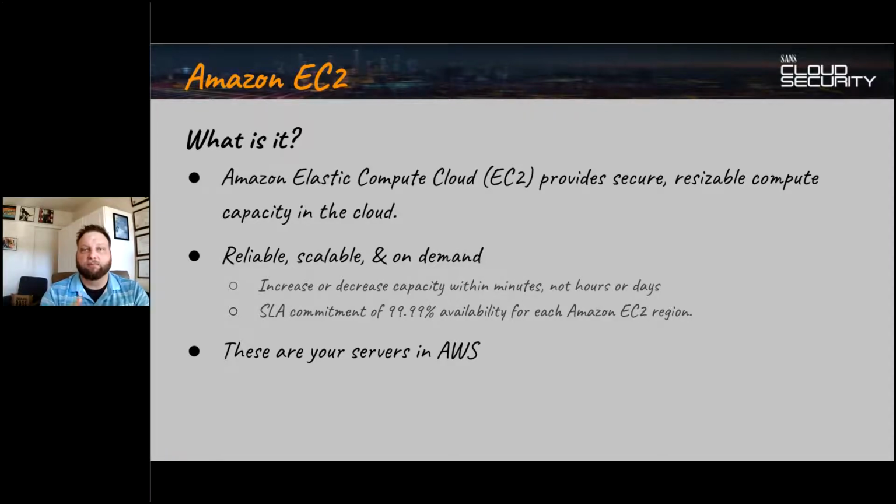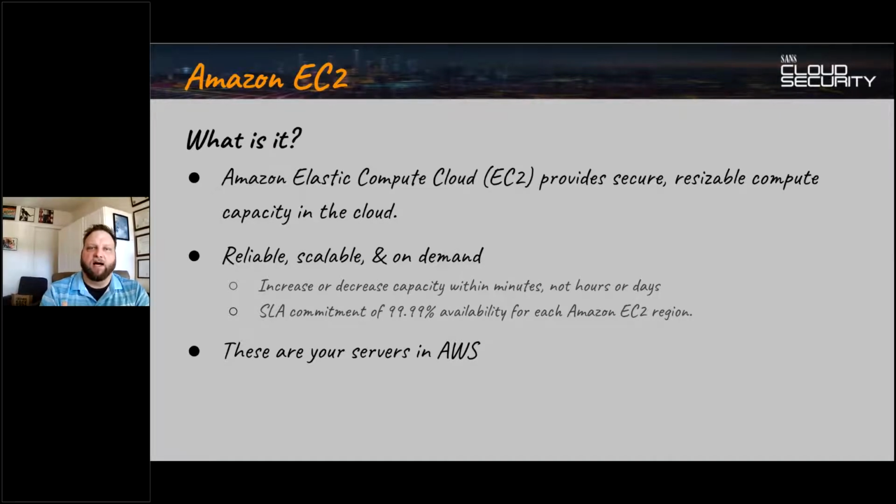It is reliable, scalable, and on demand, which makes it incredibly useful for a cloud environment. That's almost the exact definition of a cloud service. What is cloud? Scalable, elastic, on demand.